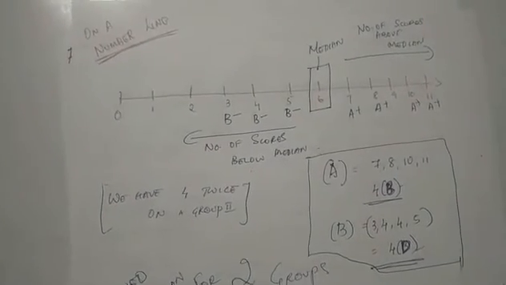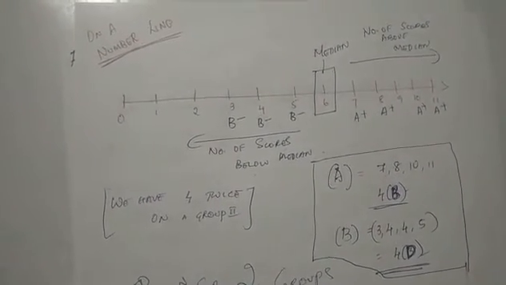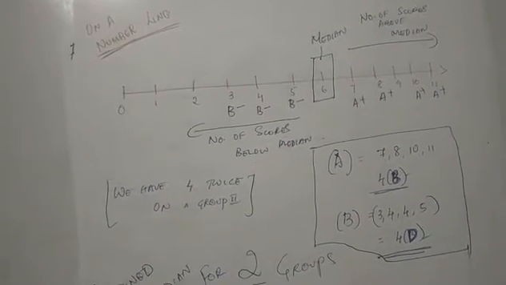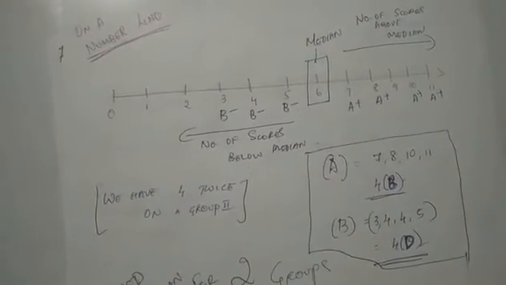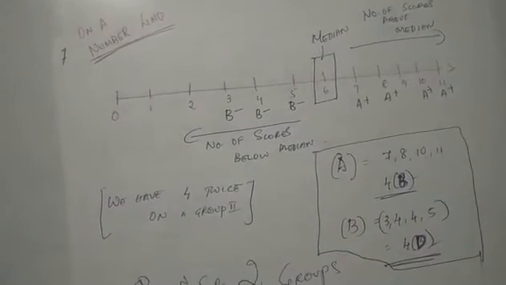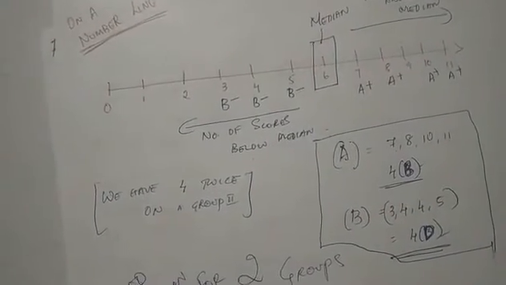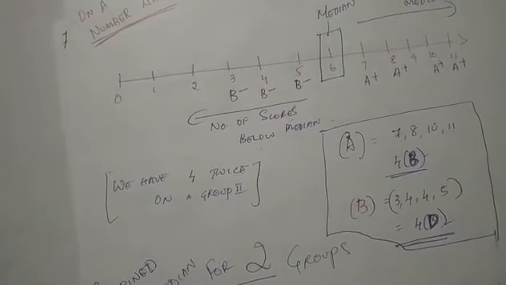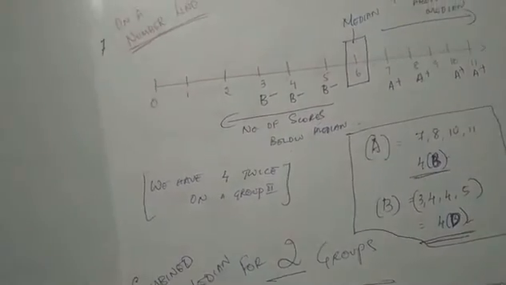because the scores that fall under group 1 are A and C. That is, the number of scores above the median are A, and the number of scores below the median are C for group 1, and the number of scores above the median are B under group 2, and the number of scores below the median are D under group 2.